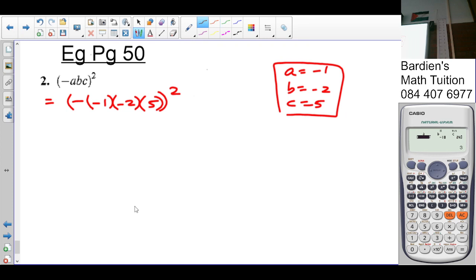So inside the bracket, we're going to say, what's negative times negative? Positive times negative? Negative times positive? Negative. 1 times 2 times 5 is 10, raised to the exponent 2. You all okay with that? Alright, so simplify.